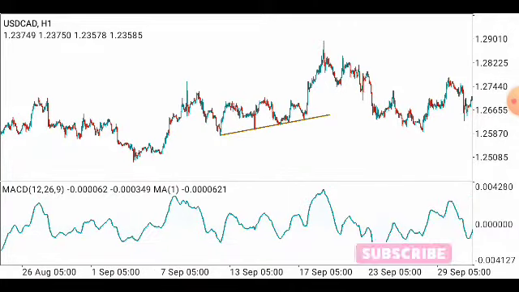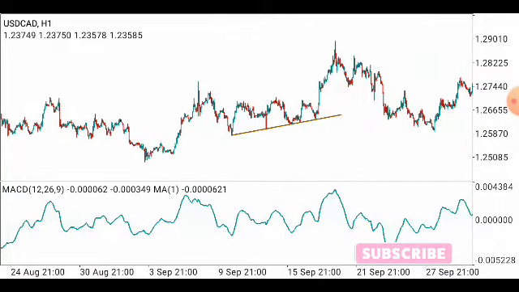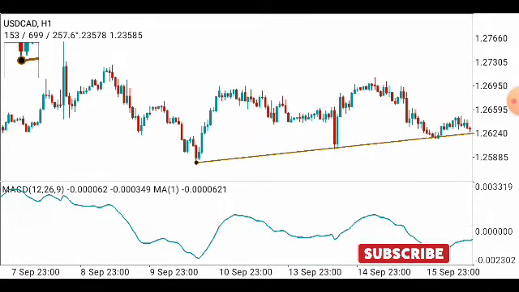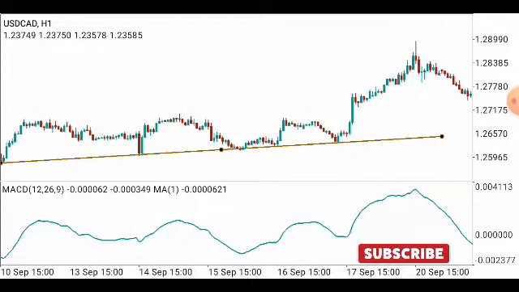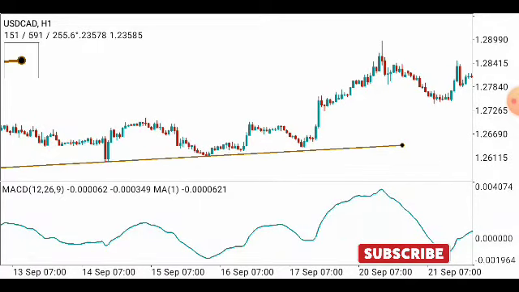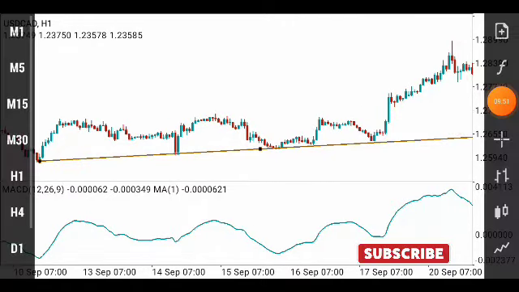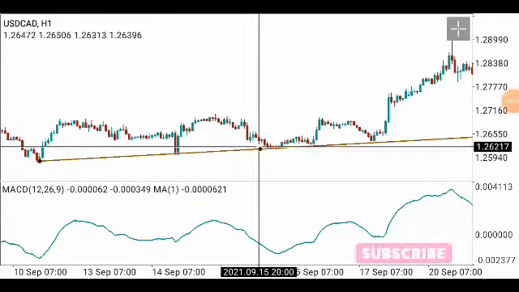So this is how to use the trend line, and I showed you how to draw it. You just need to have your first swing, join it with the second swing to form the next setups.